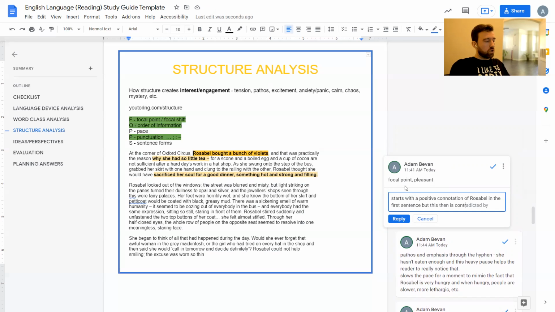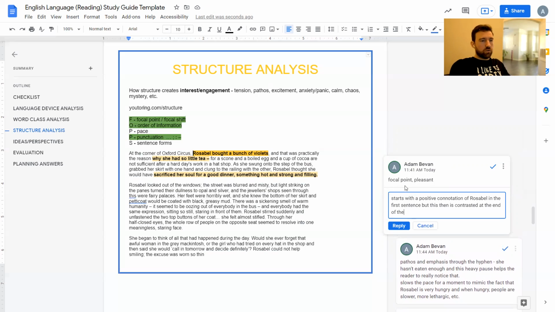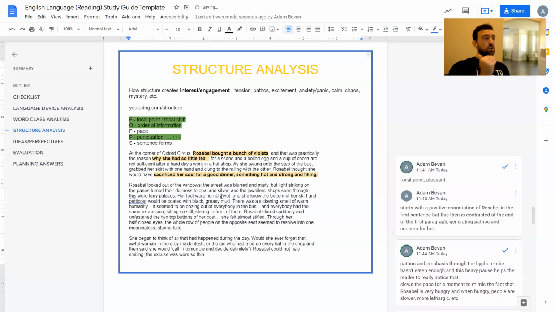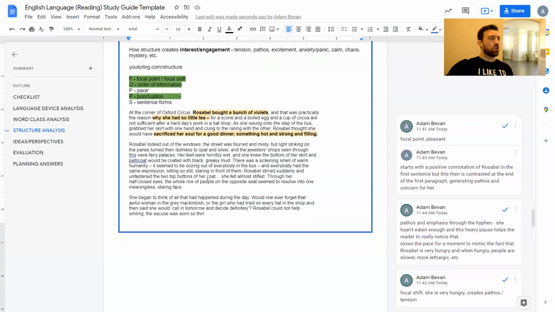This then is contrasted at the end of the first paragraph, generating pity and concern, pathos and concern for her. So if you're going to talk about the order of information, some good things to do is look at the beginning of paragraphs, look at the end of paragraphs, because typically a writer will put something quite strong at the beginning of a paragraph or quite strong at the end of a paragraph. And he or she, I forget the writer actually, has done both in this first paragraph. All right, let's look at the next paragraph.